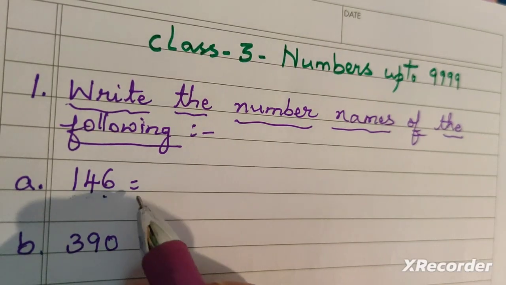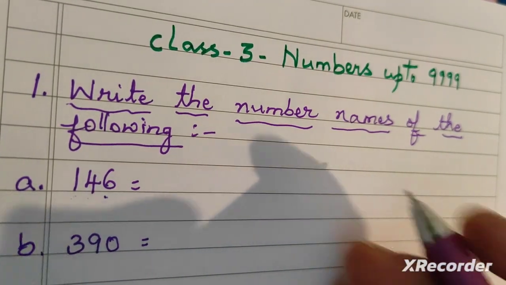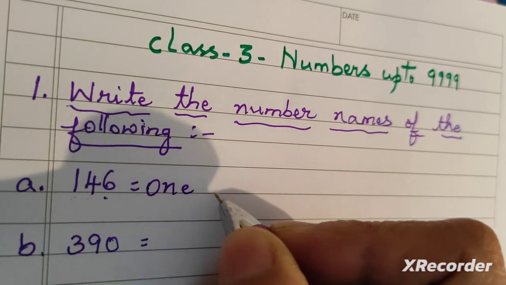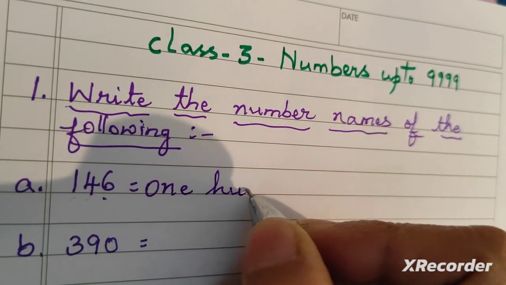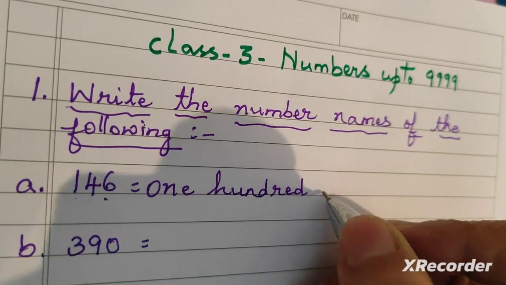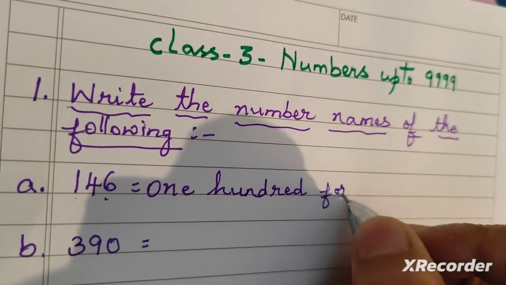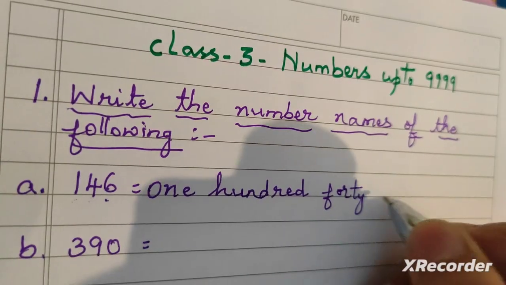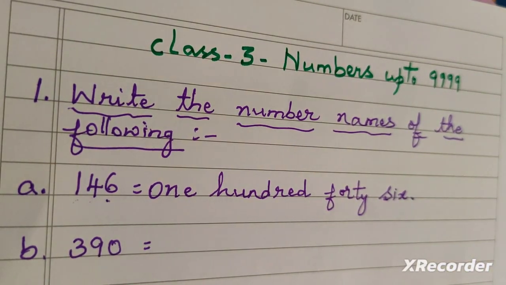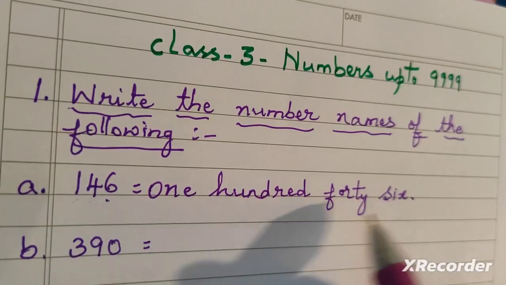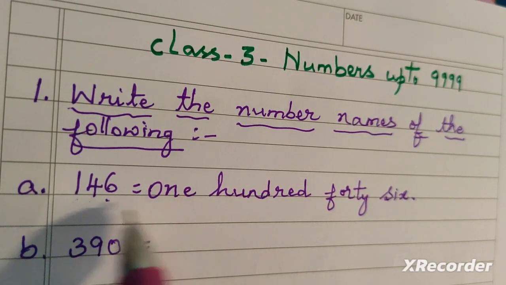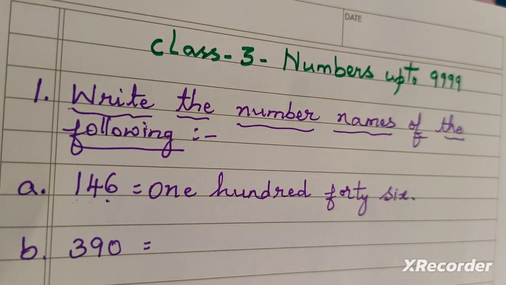That should be written in spelling form. So this is the spelling of 146. This is called the number name.